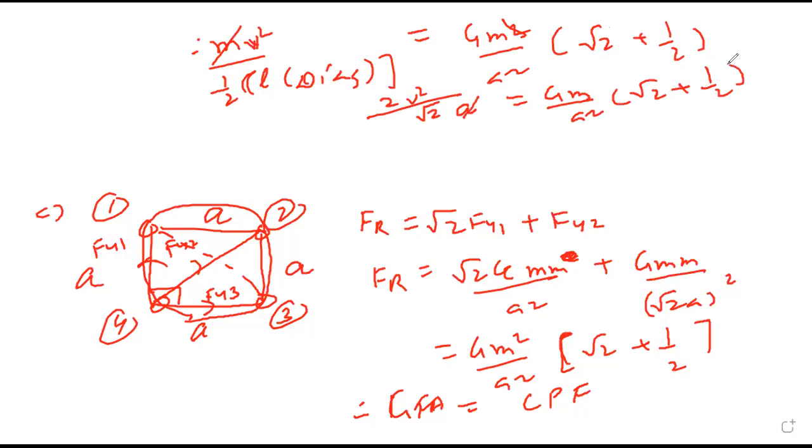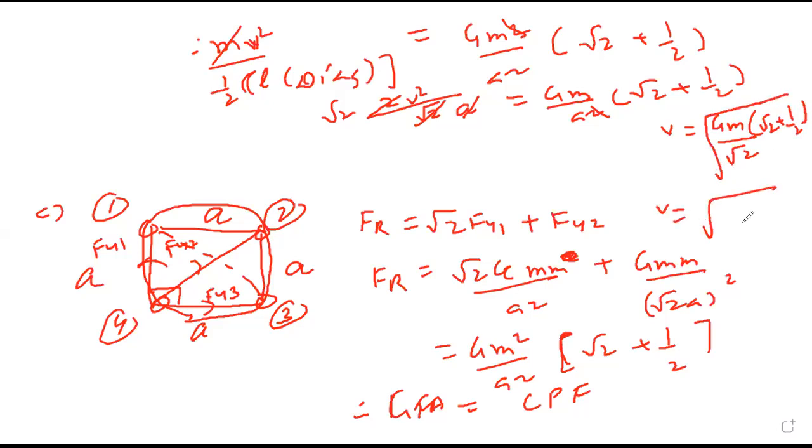So I can cancel one A. This will become root 2. So the final answer: v equals G m upon root 2 into root 2 plus 1 upon 2. If you take root 2 inside, it will be root of G m, root 2 upon root 2 is 1, plus 1 upon root 2.